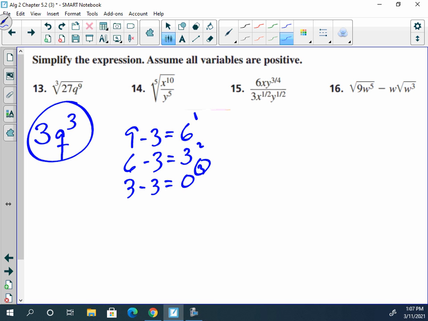The reason I just divided is because I know that 9 is divisible by the index of 3. So if I know it's divisible by it, I won't have any remainders or anything left over. I'll just divide it and get our answer. The reason I would use the addition and subtraction is if I know that there will be a remainder, something left inside the radical.